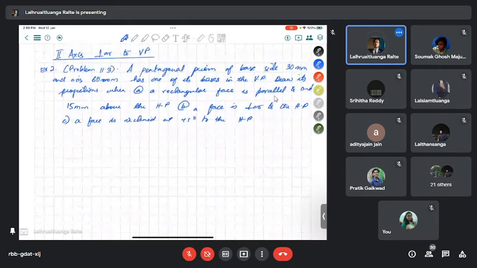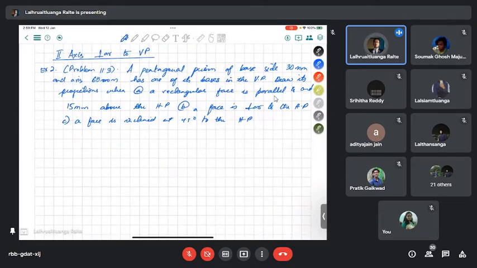All right. Now we have a pentagonal prism, and one of its bases is in the VP. So that means that one of the bases is parallel to the VP, meaning the axis is perpendicular to the VP. Draw its projections when a rectangular face is parallel to and 15 mm above the HP.